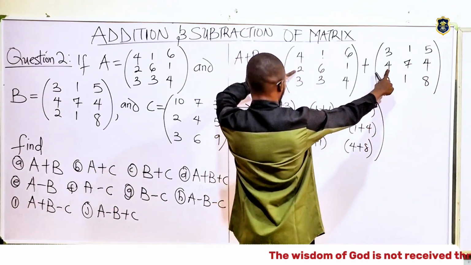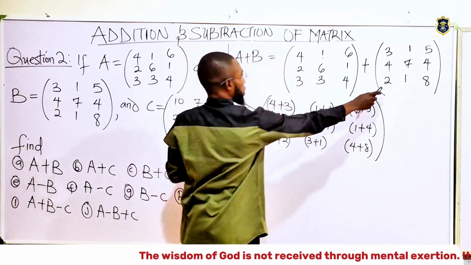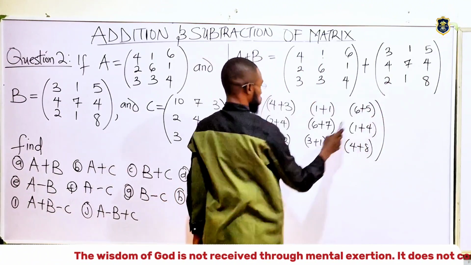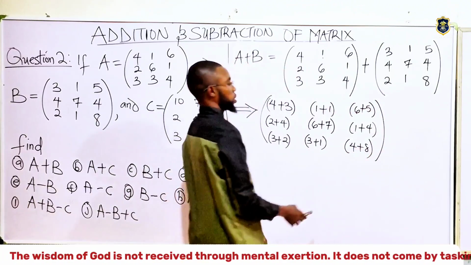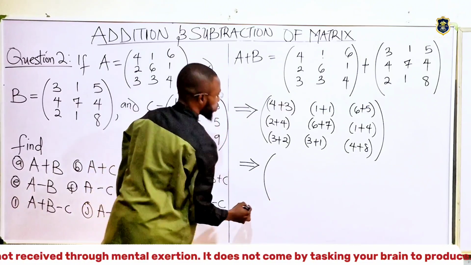The other part will be 2 plus 4, 6 plus 7, and 1 plus 4. Then we have 3 plus 2, 3 plus 1, and 4 plus 8. Tracing them, that's what we have. So by adding them, A plus B becomes what?